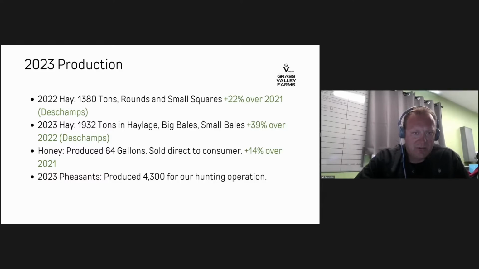So I'll highlight some of the production that we've achieved and then explain how we've gotten here. As you can see, I listed out some hay production on certain fields, and in general, 50 to 60% better than we were doing when we started in '21.